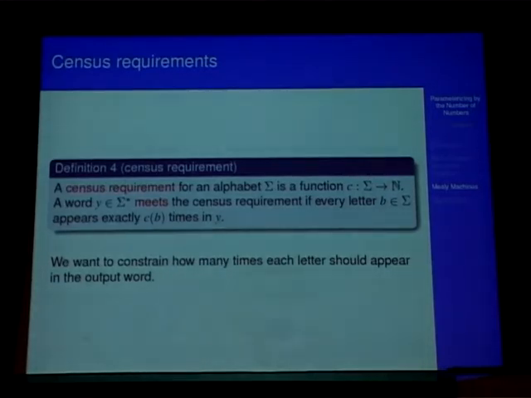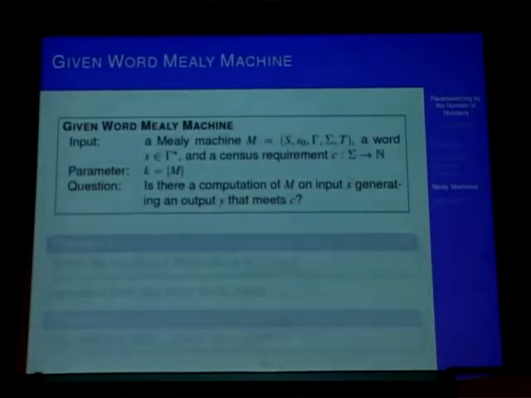And then we first ask the following. Given a Mealy machine and an input word x, and a census requirement, so the number of times each output letter should be written. Parameter is the size of the description of the machine.